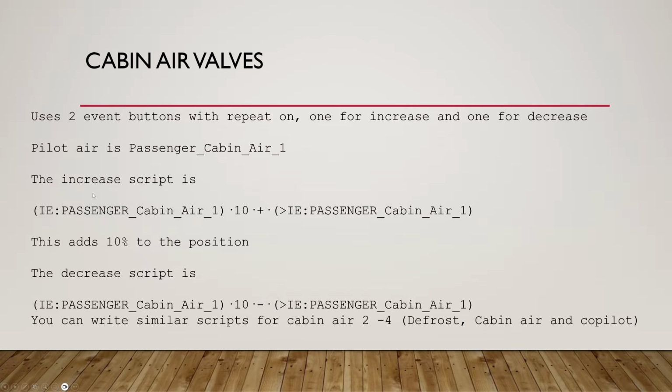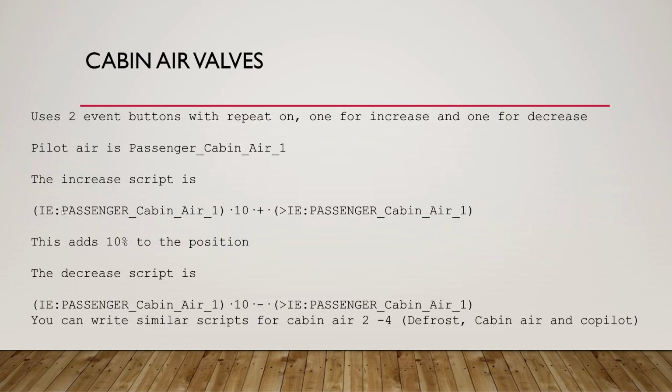And I've written a script for each of them. I've got an increase script. This is the example for cabin air 1. It adds 10% to the position, and it automatically won't go above 100, and it won't go below 0.